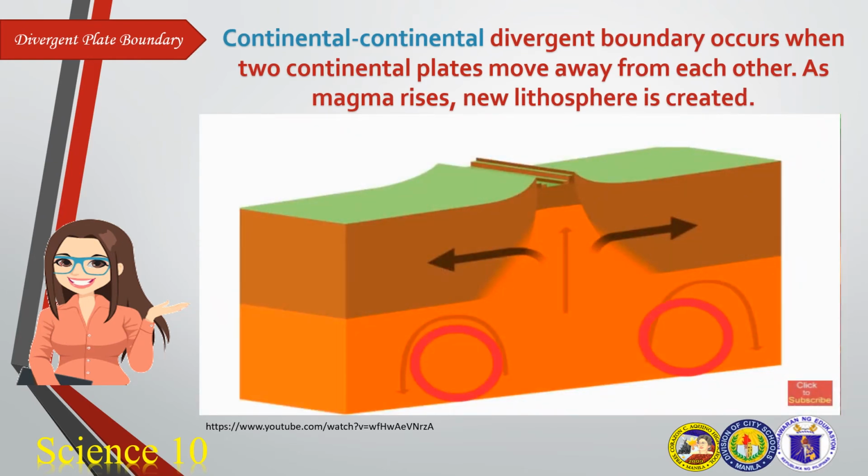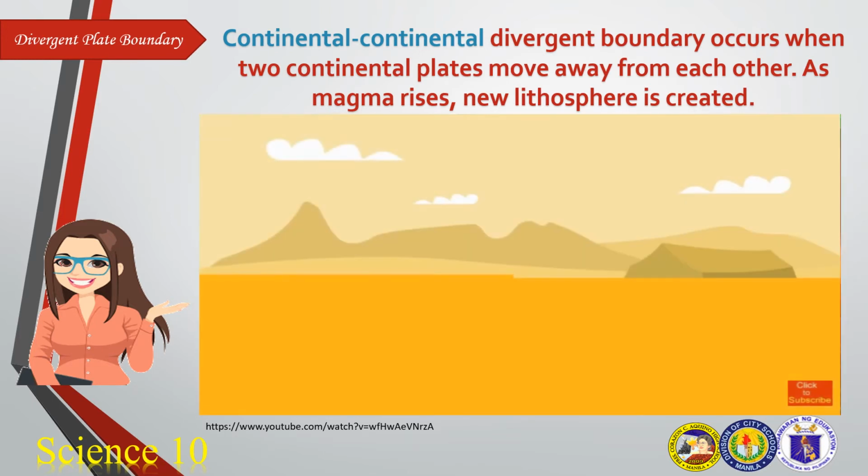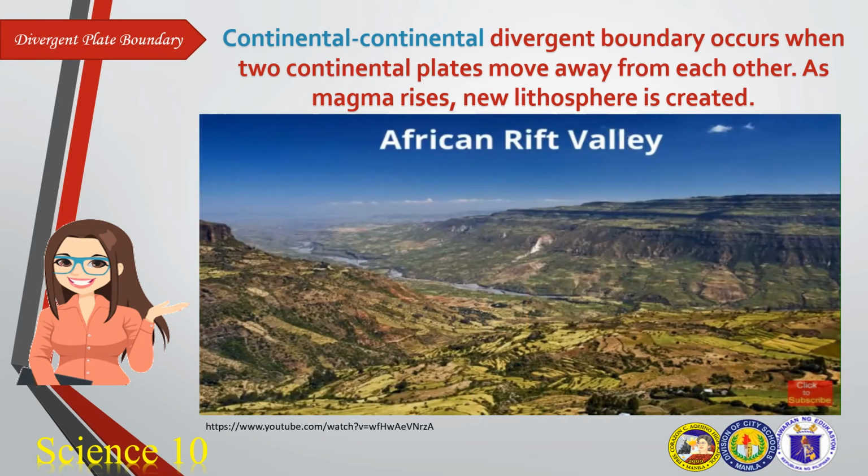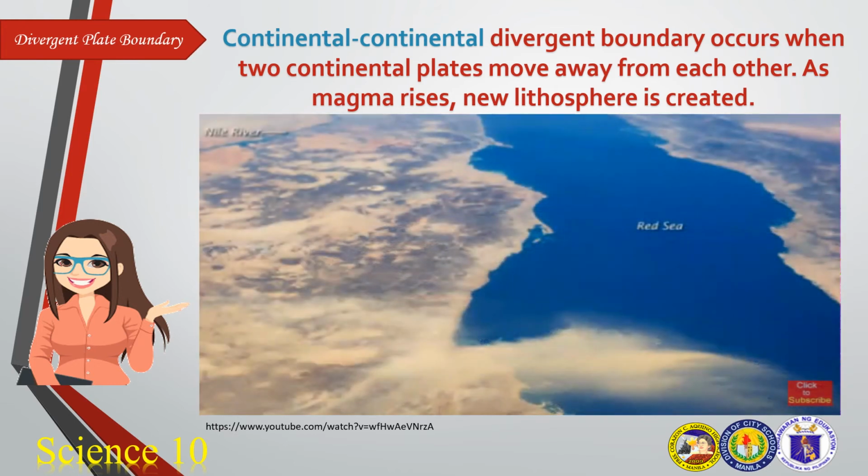Continental divergent boundary occurs when two continental plates move away from each other. As magma rises, new lithosphere is created. Examples are the African Rift Valley and the Red Sea.